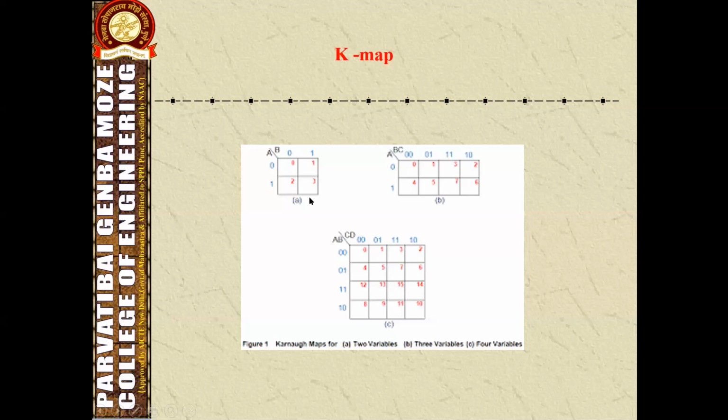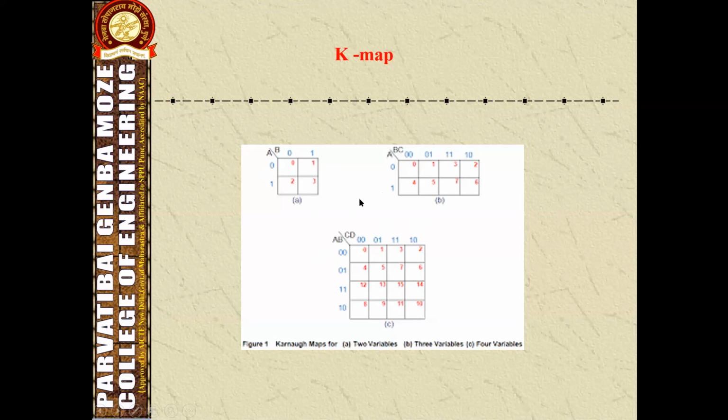In a previous lecture, we explained the K-map. We have seen the 2-bit and 3-bit K-maps, so we have to see the 4-bit K-map and some rules of the K-map.